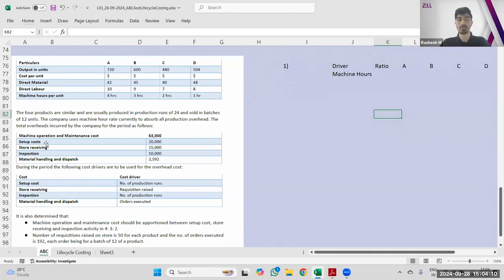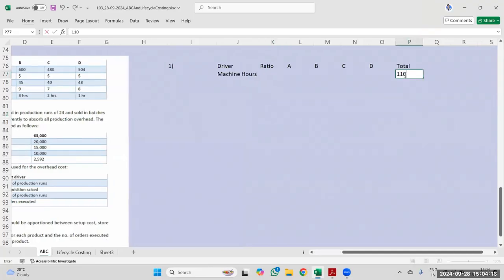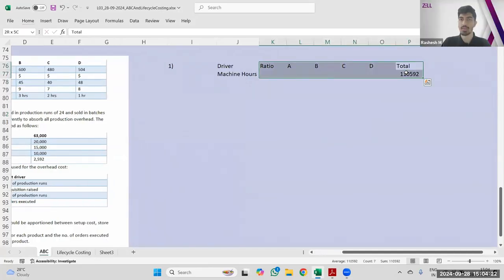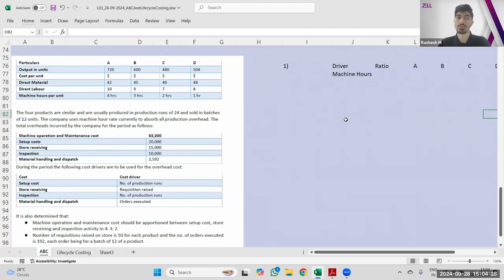No, 63 is the machine operation and maintenance cost. 1,10,592. So that's simply my total fixed overhead. And I need my total machine hours.